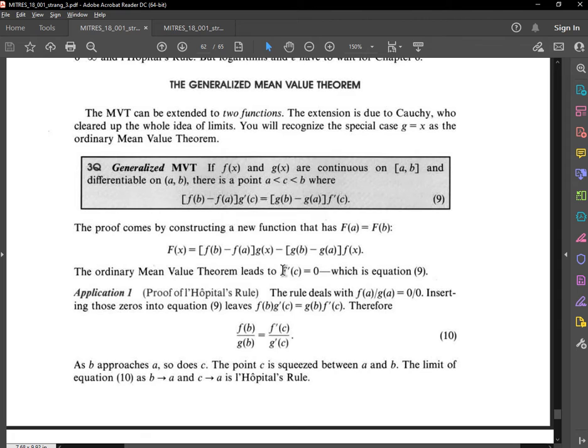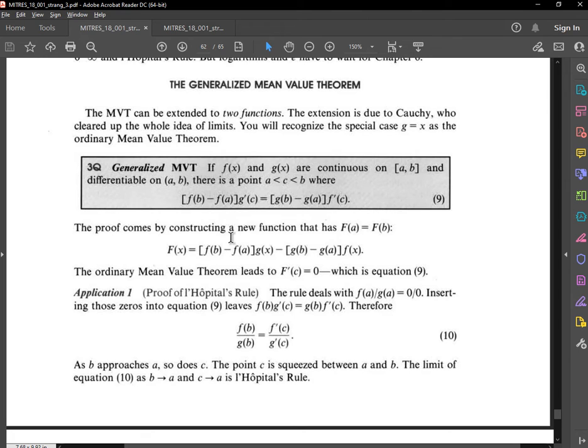All right, this is a very clever proof which comes from a great mathematician named Cauchy. So what you do is similar to what you do when you prove the ordinary mean value theorem: you transform to a special case. Now here we get another special case by forming this new function out of f and g. And so here's the difference of f's times the function g, and the difference of g's times the function f.